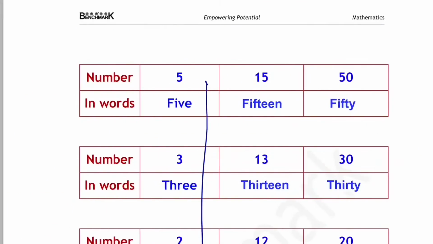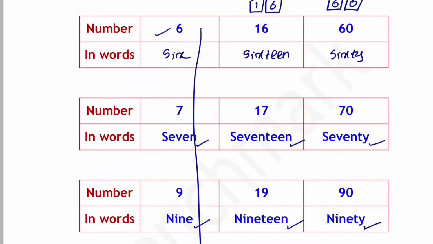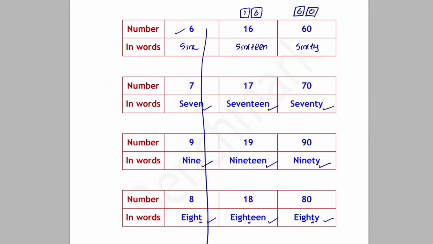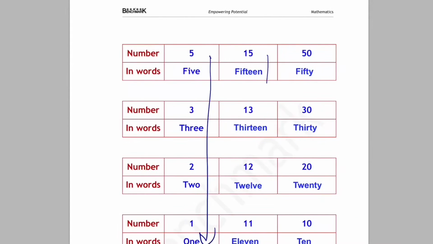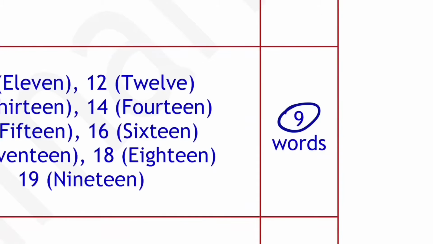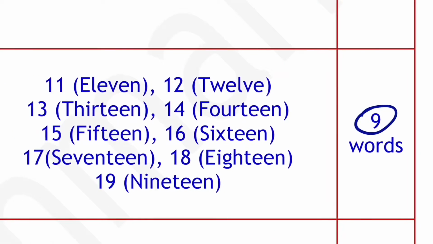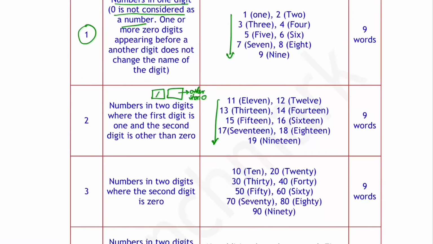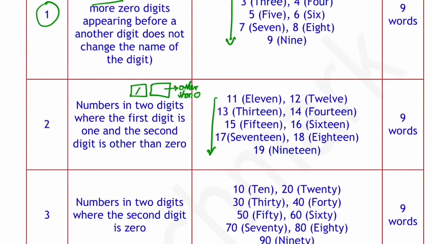That is the middle category that we considered. In this, we have digit 1 in the first digit and other than 0 in the second digit. For those numbers, we have 9 more words, that is from 11 to 19. I will identify these 9 words as group 2 words.